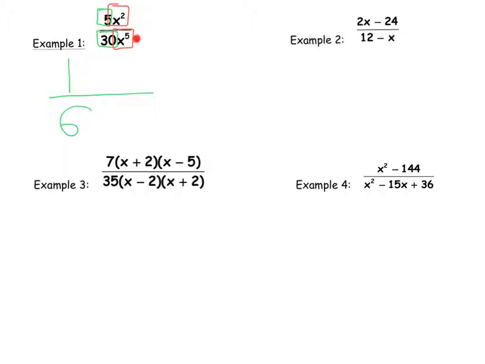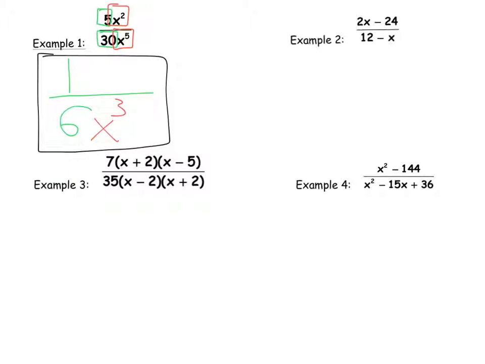I have more in the denominator, so those 3 x's are going to go in my denominator. So what are we left with? We have a reduced fraction, and we have just one variable, so we are done simplifying. That's a very basic example of what we're going to be talking about. We did some stuff similar to this yesterday.